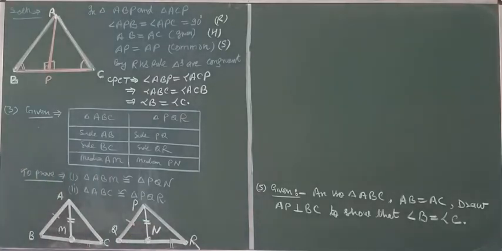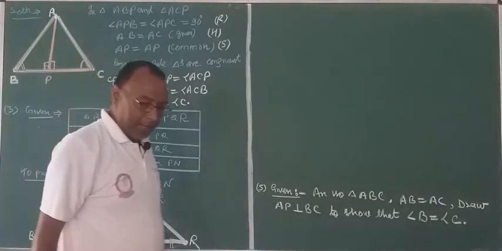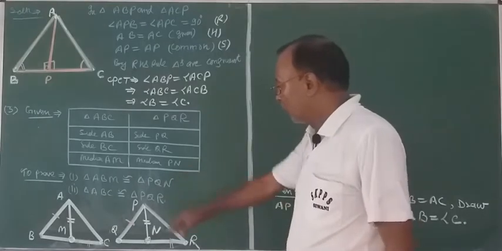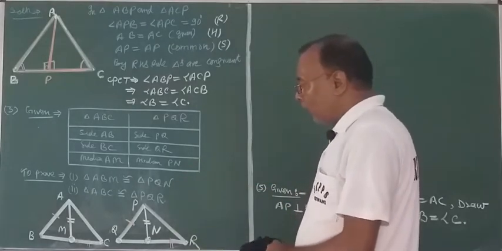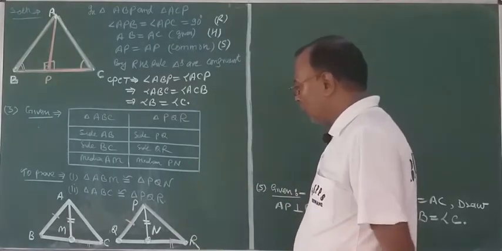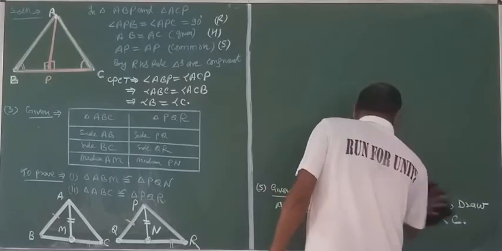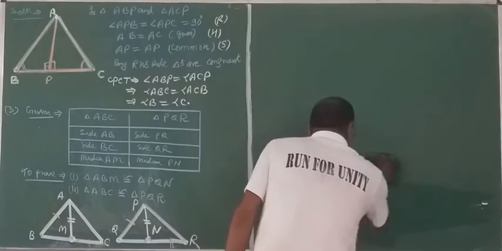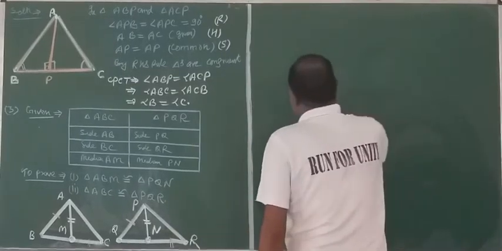So you have to prove that triangle ABM is congruent to PQN, and the whole triangle ABC is congruent to triangle PQR. Is it okay? So now just look there.